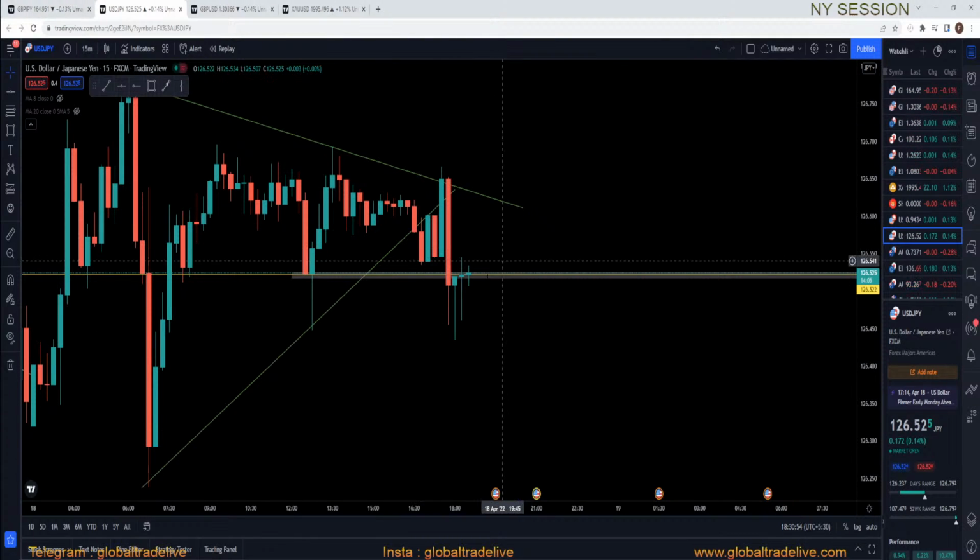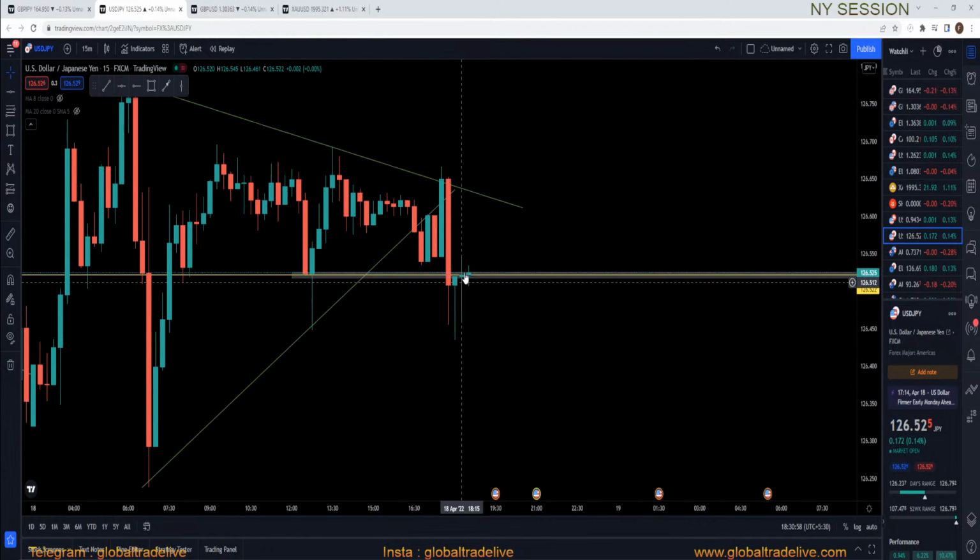But let's see how the market will be moving, because the way the previous candles closed, they closed with a huge rejection over here. But at the same time, they closed like it's gonna form a resistance, something like that, right?